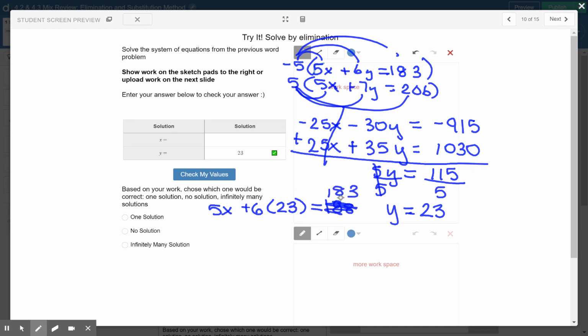So then we have 6 times 23, which is 138. Drop down the 5x, we did not use it. Drop down the 183, did not use it. So then 183 minus 138 gets you 45.